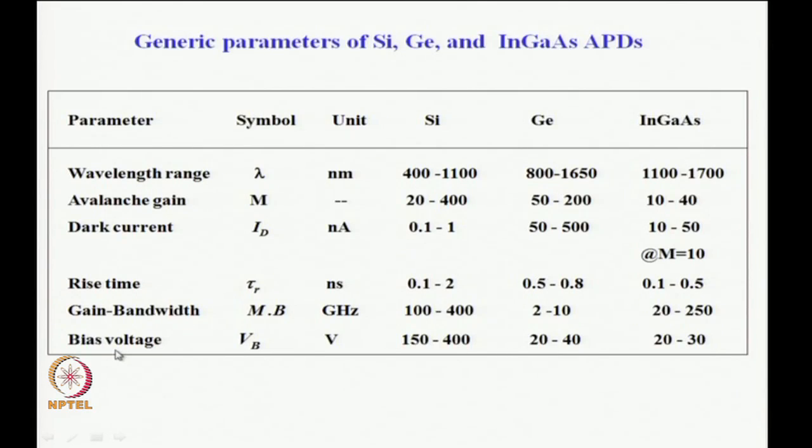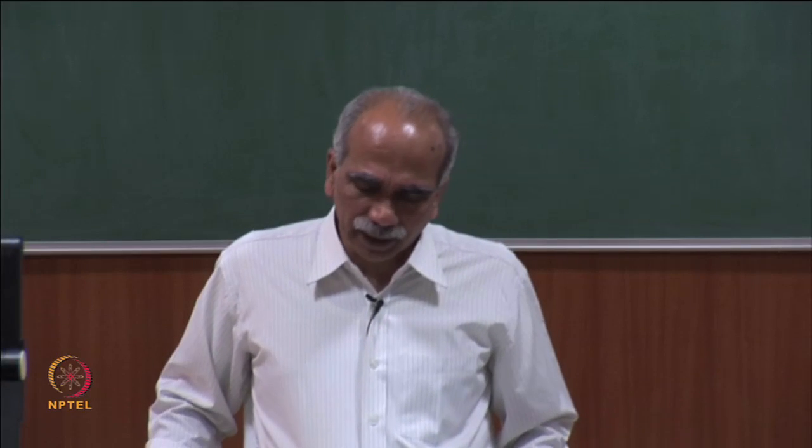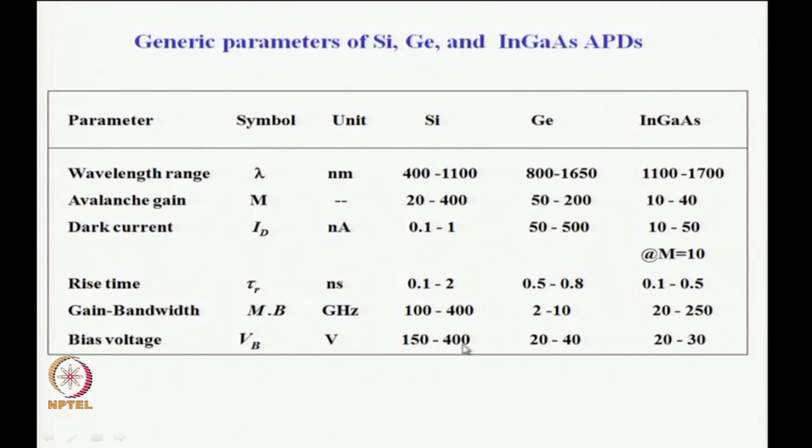As for the bias voltages, earlier we had 5 to 10 volts, but now we have bias voltages of 50, 100, typically tens of volts, and silicon for example can withstand much higher reverse biases, and that is why we have typical operating voltages of about 250 for silicon, but relatively lower operating voltages for germanium and indium gallium arsenide.